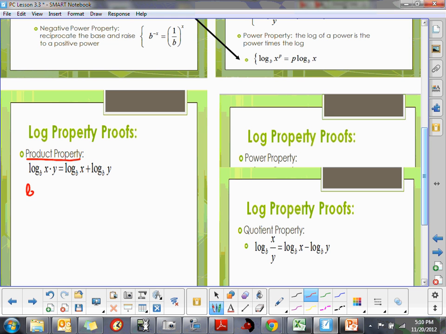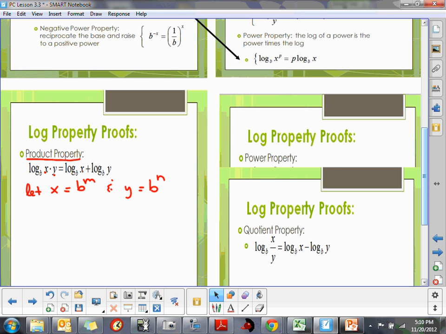The first thing they say is, let's define x to be equal to b to the m, and the value of y to be equal to b to the n. This is a rule of substitution: let x and y represent exponentials b to the m and b to the n.